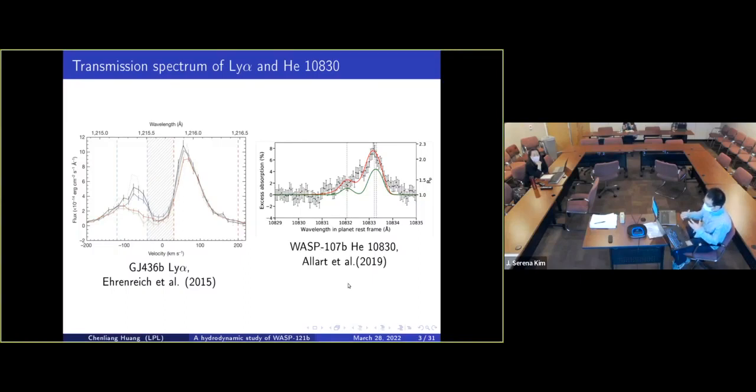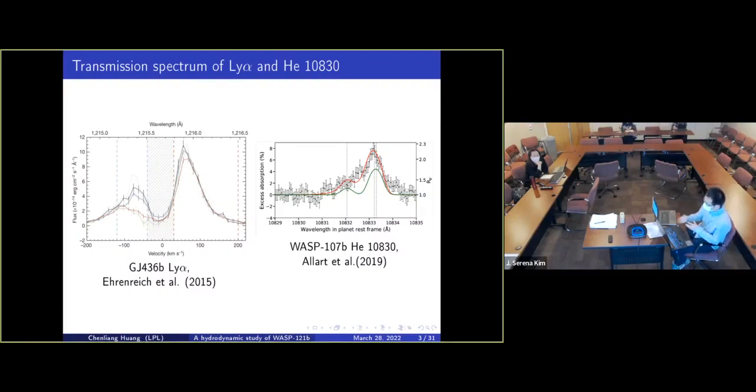Another feature that's very hot recently, roughly the past 5 years, is the helium 10830 lines. It does not have the problem of blocking the line center, and it's also tracing a very abundant element. We had a talk from Shreyas Pragada last semester in the Origins seminar.